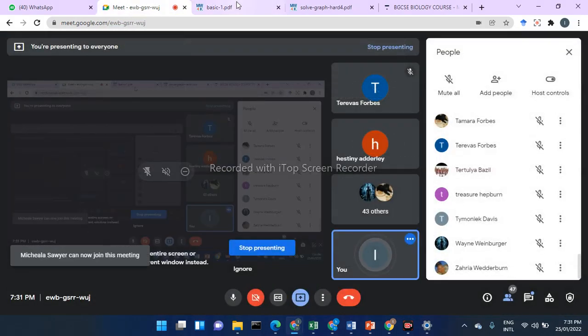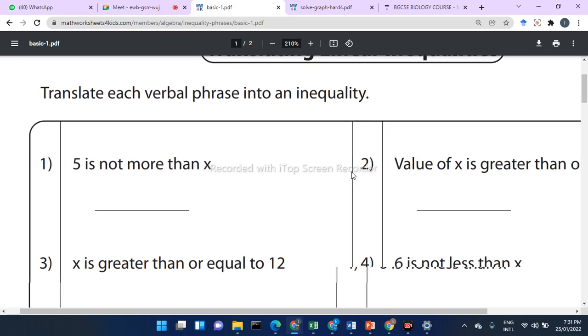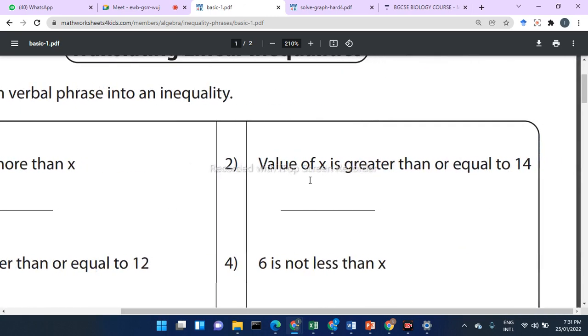Alright, so next one, let's go to number 2. Value of x is greater than or equal to 14. So that's straightforward.